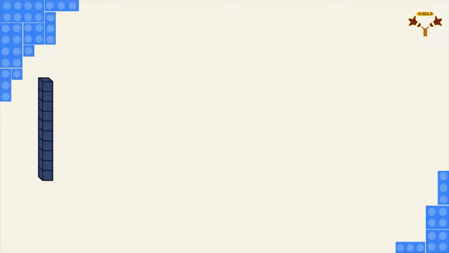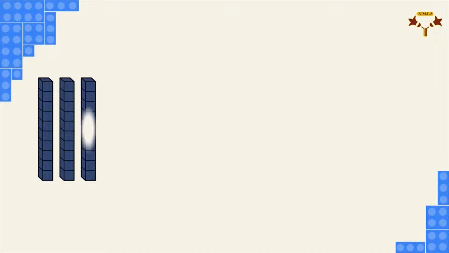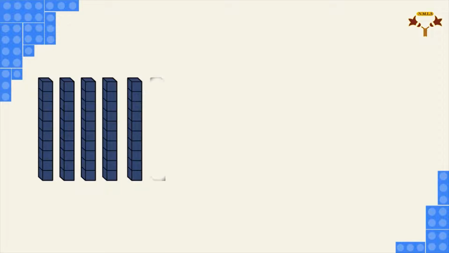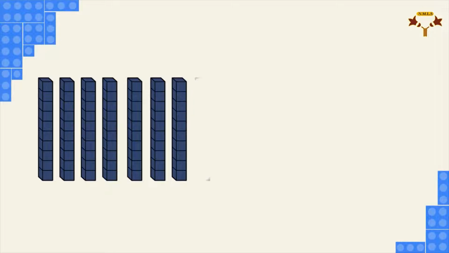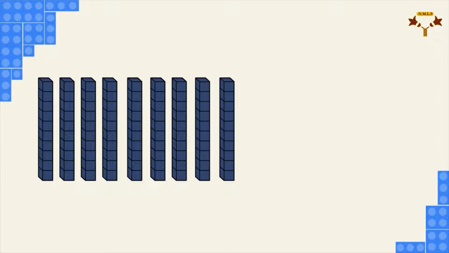If I have 10 squares, I said 10 squares equal 1 ten. So here I have 1 ten, which equals 10. Another ten: 20, 30, and here another ten: 40, 50, 60, 70, 80, and 90.